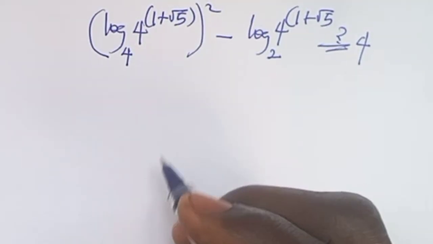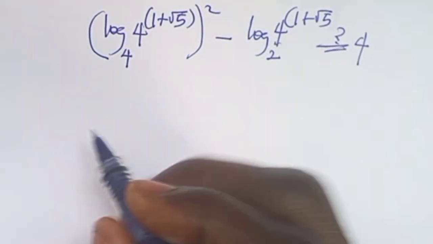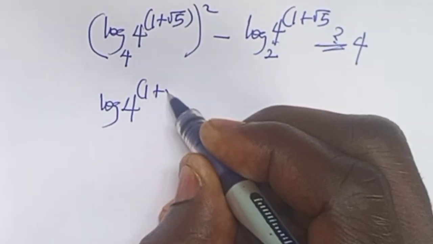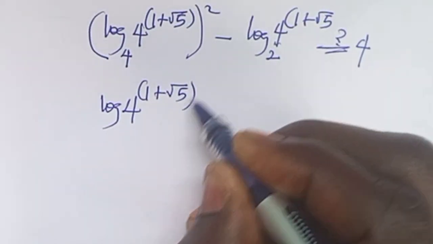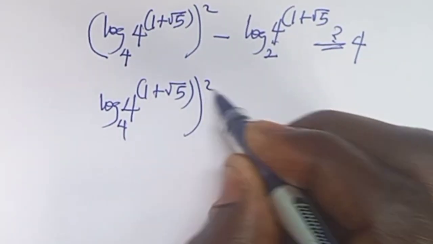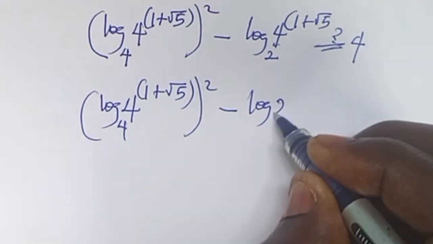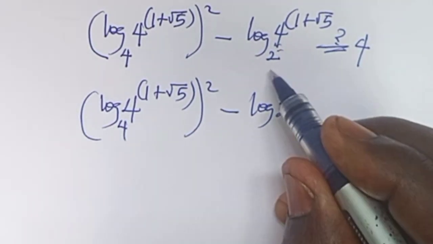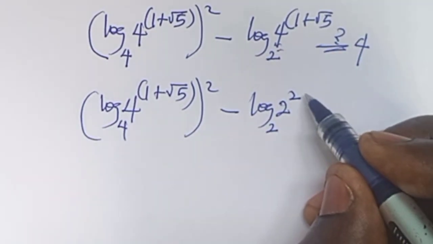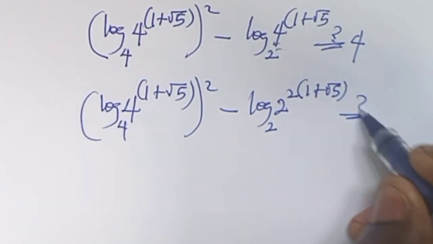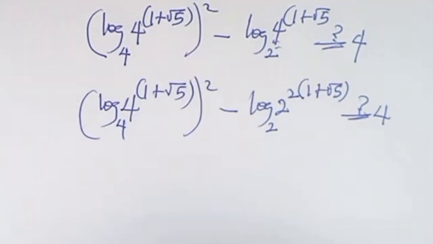And to check further, we can write log 4 to the power of 1 plus root 5 base 4 to the power of 2 minus log 2 to the power of 2, since we have base 2, to the power of 1 plus root 5. Will it be equal to 4?